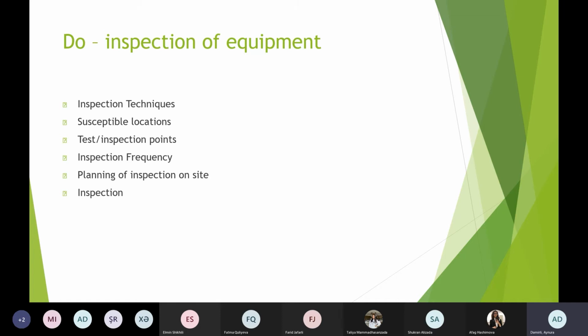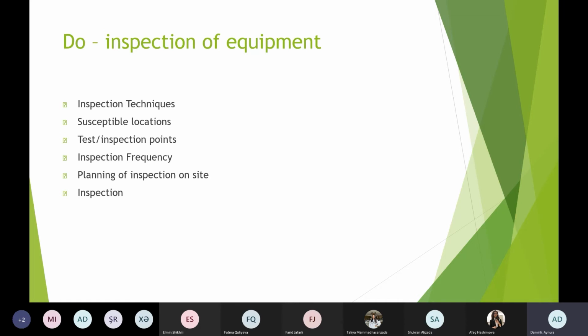Inspection points: based on identifying susceptible locations, we're identifying test points. You know that from a budget point of view and from an integrity point of view, we're inspecting only 10% of equipment. For example, if it's 1,000 kilometers of pipe, we're inspecting only 10%.